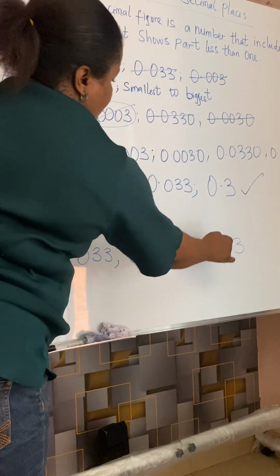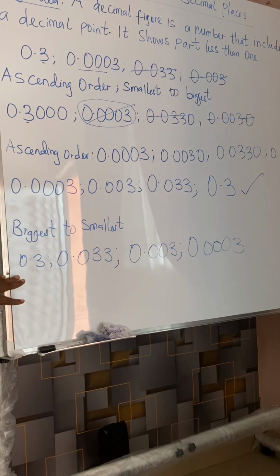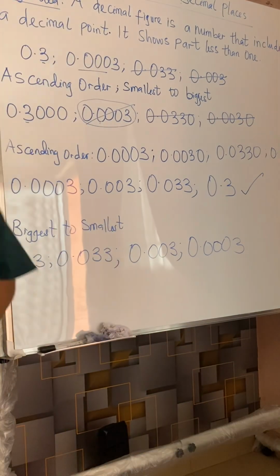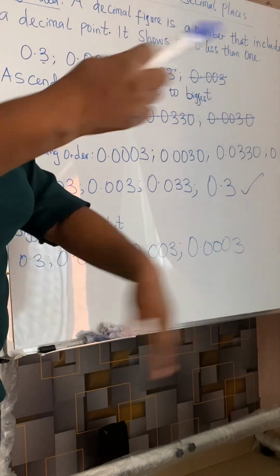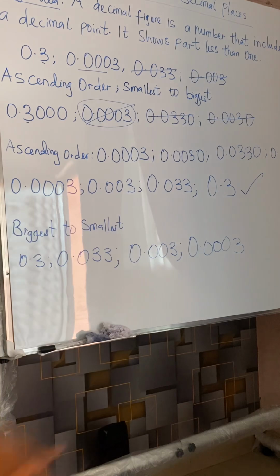This is me descending, coming from the biggest to the smallest. So once you can ascend, the reverse is to descend, and you do that, you are fine.